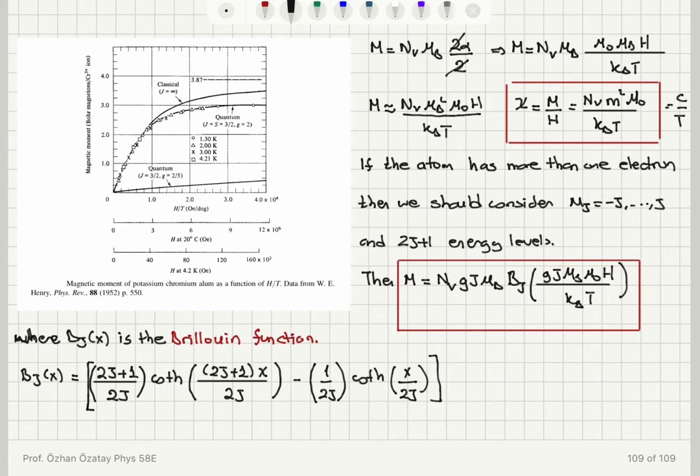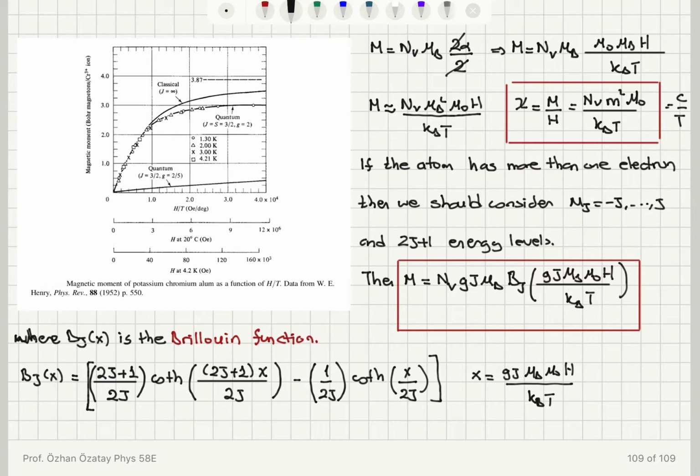Now if we use a Taylor series expansion of this Brillouin function, then we can find a susceptibility. So if we substitute for x, where x is equal to g_J Bohr magneton mu 0 H over kBT, I want to check some limits.